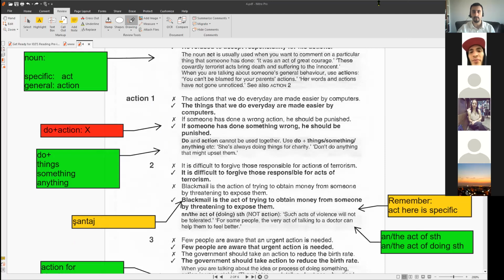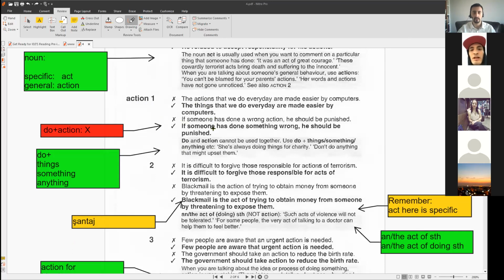All right, action. Now we are going to study and read the story of action. Who wants to read this part? May I? Enisa, please, yes. The actions that we do every day are made easier by computers. The things that we do every day are made easier by computers. All right. As you see here, this is in the red box. Do plus action, never. We never say I do action. All right.